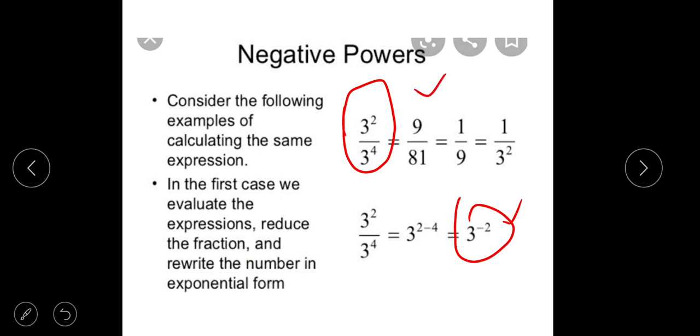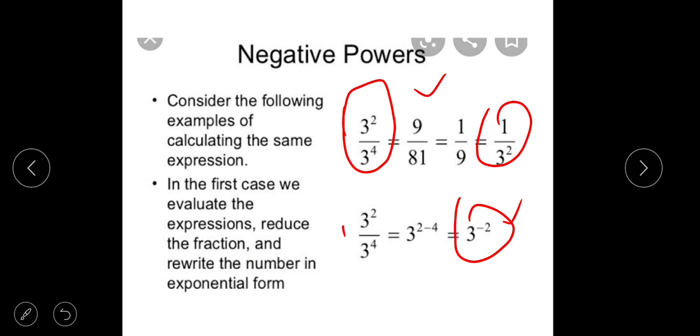This is the usual method, 3 square is 9, 3 raised to 4 is 81, because 3 into 3 into 3 into 3, right? So 9 by 81 in simplest form is 1 by 9. So 9 is 3 square, so it can be written as 1 by 3 square, right? So this is the answer. 1 by 3 square is the final answer.